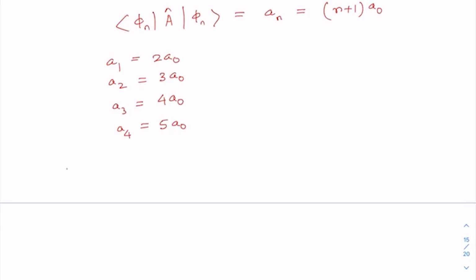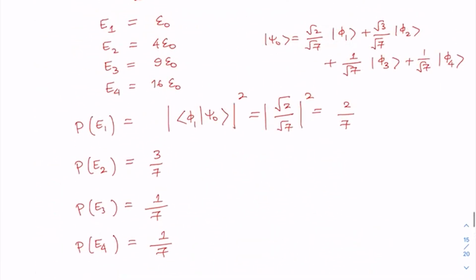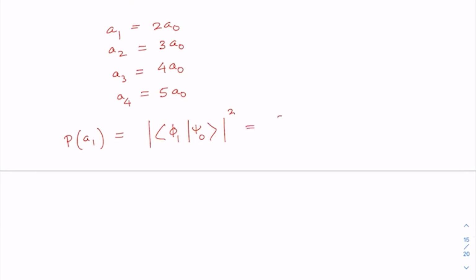The probability of getting the value A1: you have to be in the state phi 1. You were initially in the state psi 0. You go from psi 0 to phi 1, then you take the mod square, and as you can see from here, that would be nothing but 2 by 7.